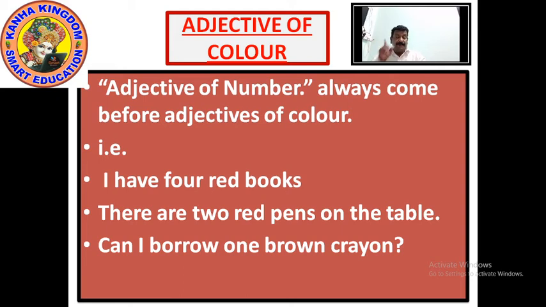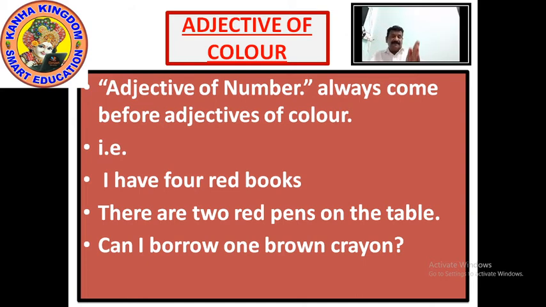Can I borrow 1 brown crayon? Crayons are the things which we use for coloring drawings. So before the brown adjective of color, what has come? The adjective of number has come before the adjective of color.